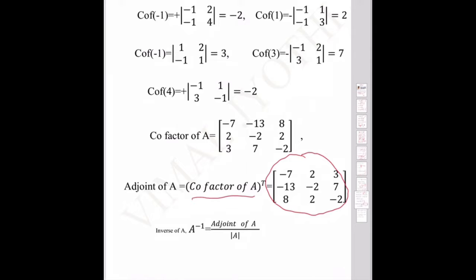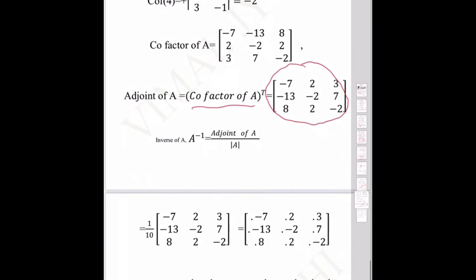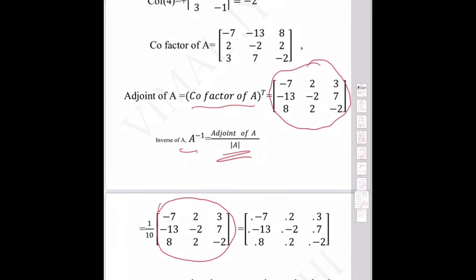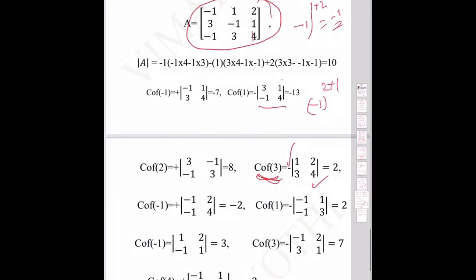Then inverse of A. Inverse of A is equal to adjoint of A divided by determinant of A. What is determinant of A? Determinant of A is equal to 10. Okay.